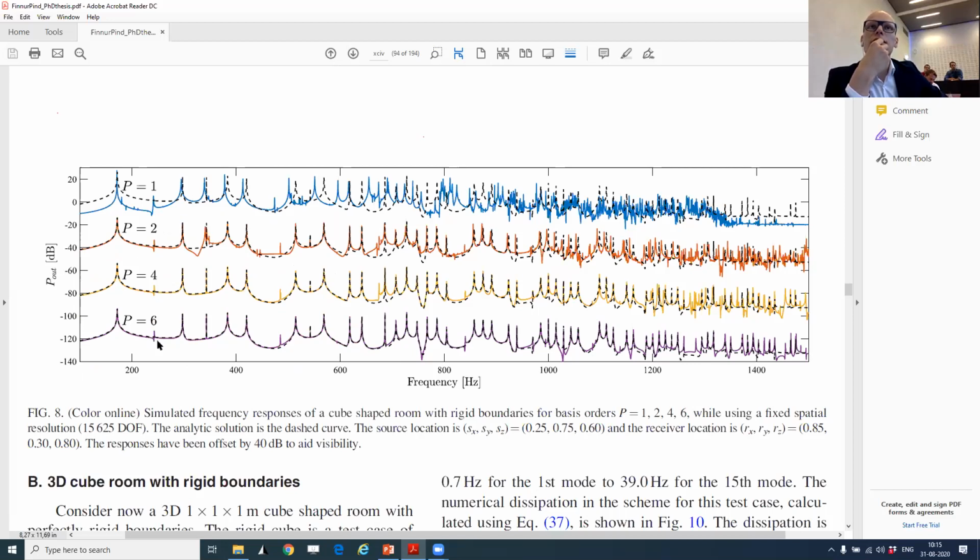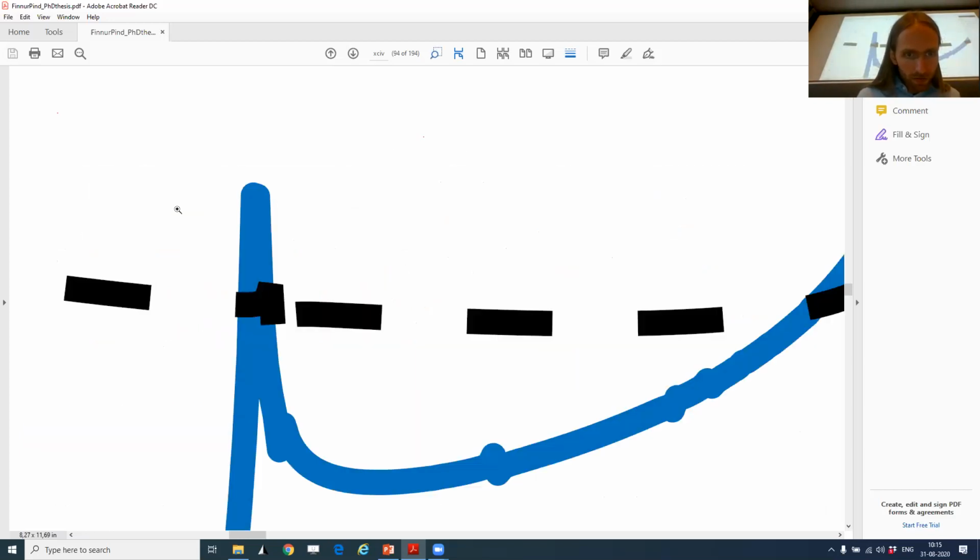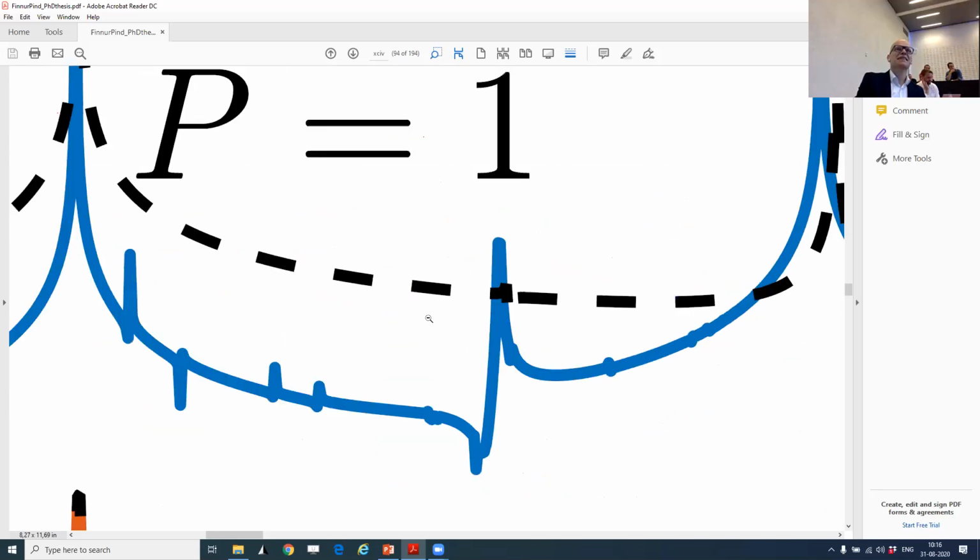Do you have any idea? No, I'm not sure. So there is absolutely nothing there in the analytic solution. You can see it's a dashed line, but it goes a bit up here. So there is something there.